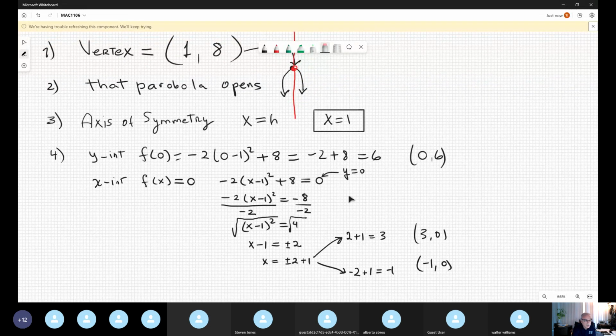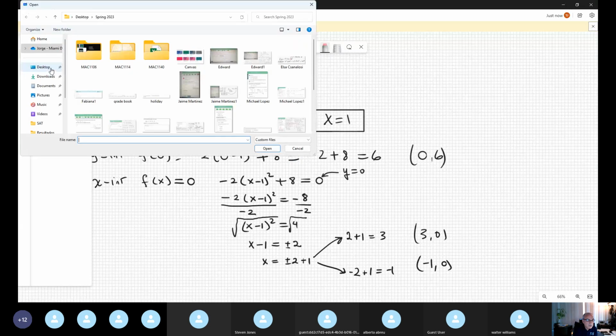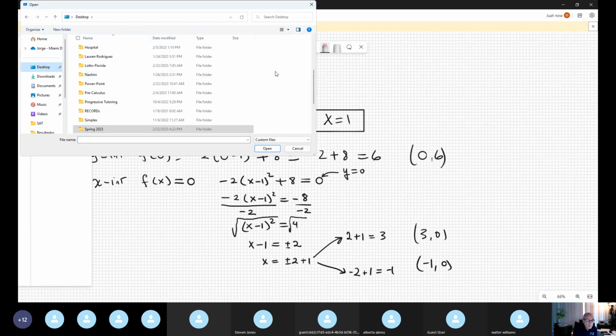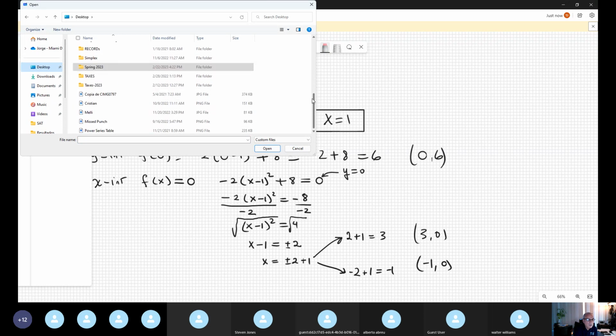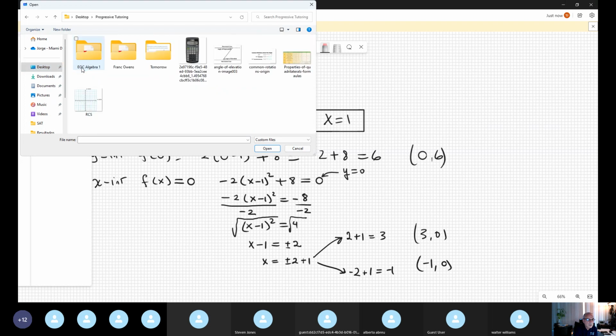I don't know if it's good doing it by hand. Yeah, this is easy. Let me try to find a rectangular coordinate system. Let me see if I have one here or not. Maybe here. There you go.